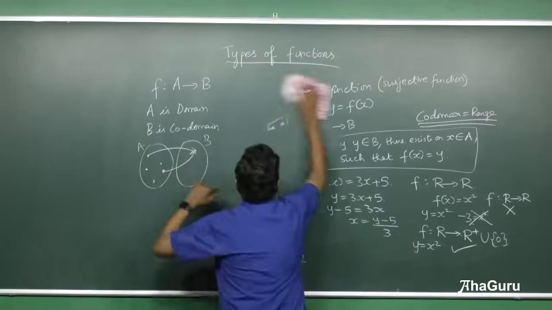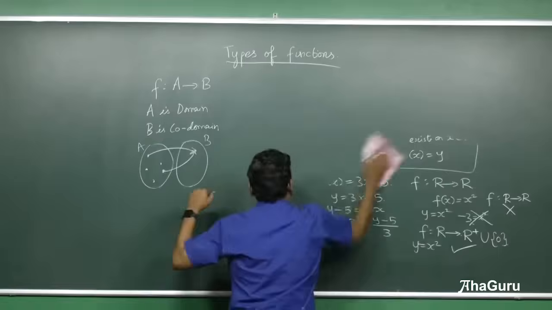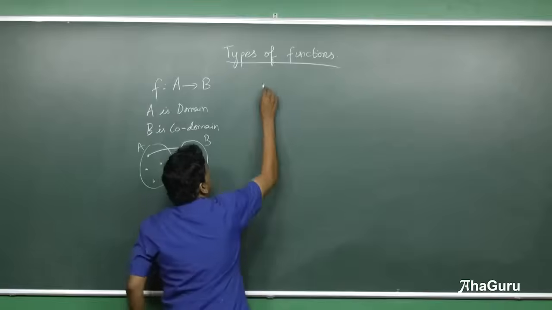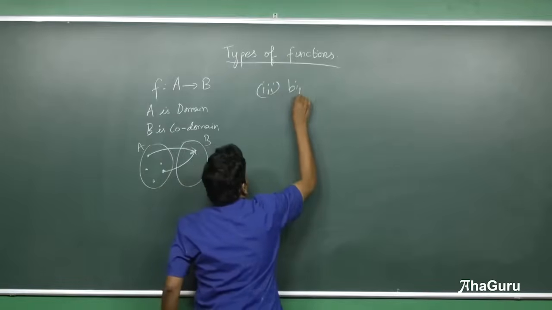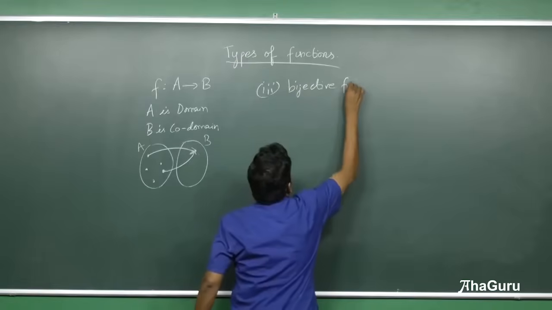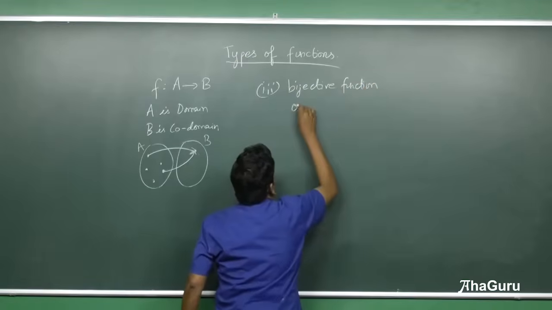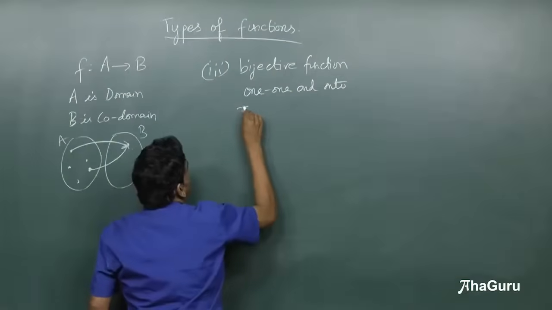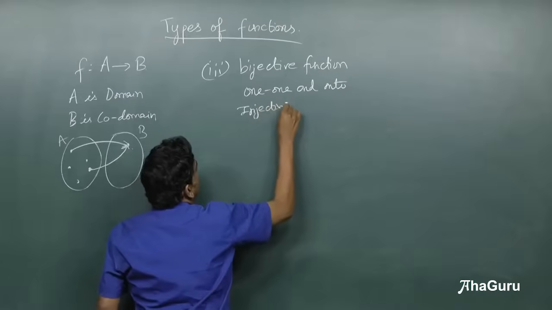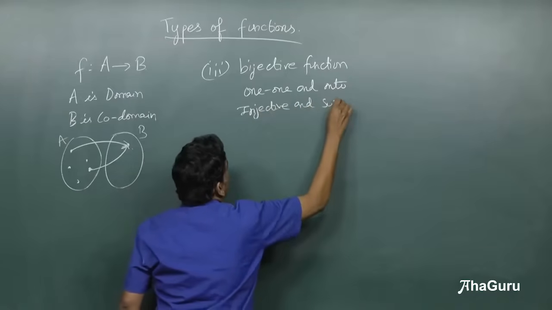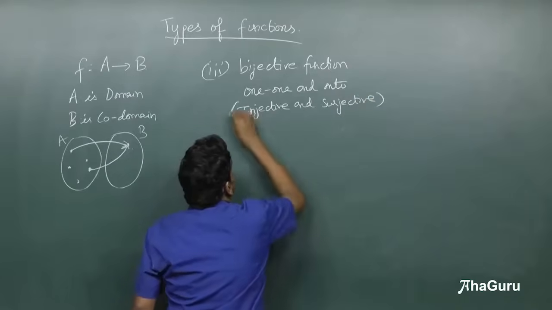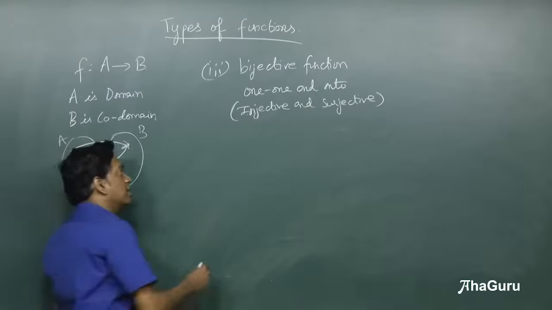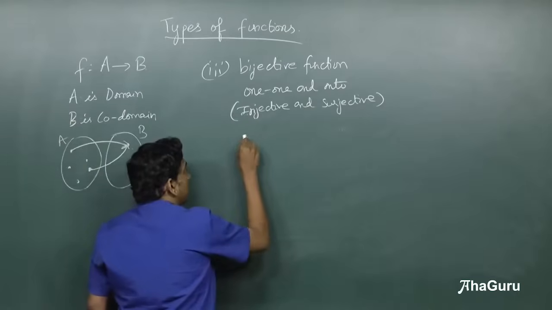Now the last idea is a combination of both of these, which is a bijective function. So that is the third. This is both 1-1 and onto, or both injective and surjective. A function that obeys both these conditions is called a bijective function. Which means it has to satisfy both.